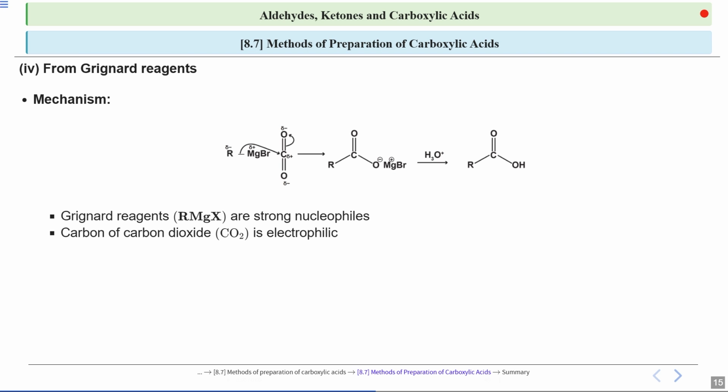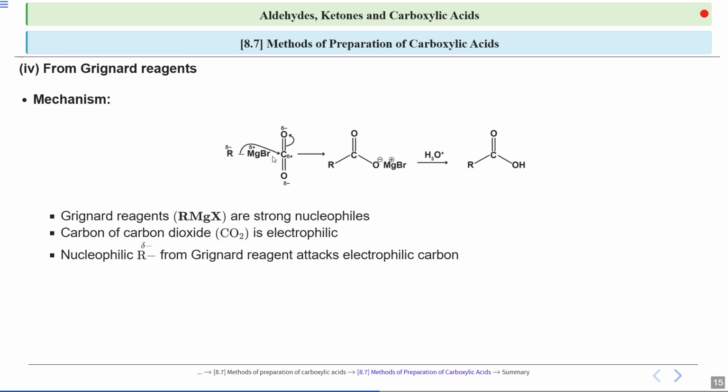That means it has a partial positive charge and is attracted to electron-rich species like nucleophiles. So the Grignard reagent is acting as a nucleophile, and CO2 is acting as an electrophile. In this reaction, the electrophilic carbon in CO2 is the target for the nucleophilic attack by the Grignard reagent.